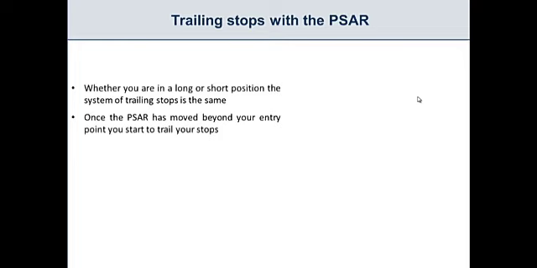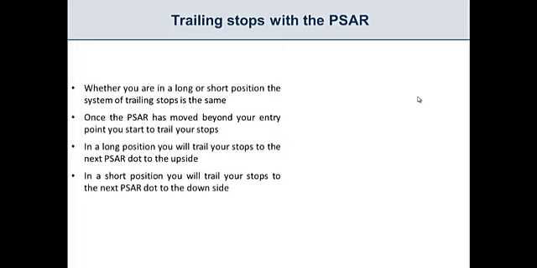The Parabolic SAR needs to go beyond your entry point. This is the first rule. In a long position, for example, you will trail your stops to the next Parabolic SAR dot to the upside, and in a short position, you will trail your stops to the next Parabolic SAR dot to the downside.